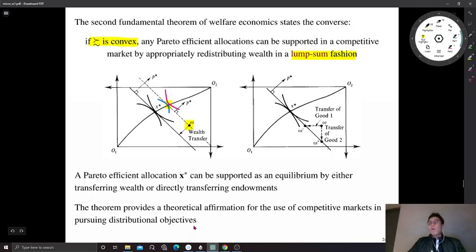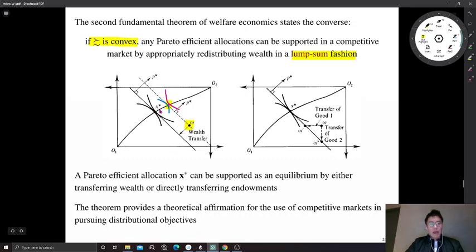One more important implication is, as I told you, when the government attempts to design a new policy, tax or monetary policy, it will face a trade-off between efficiency and equality. But at least in this competitive market, by the first welfare theorem, efficiency can be achieved by the market, but by the second theorem, equality.